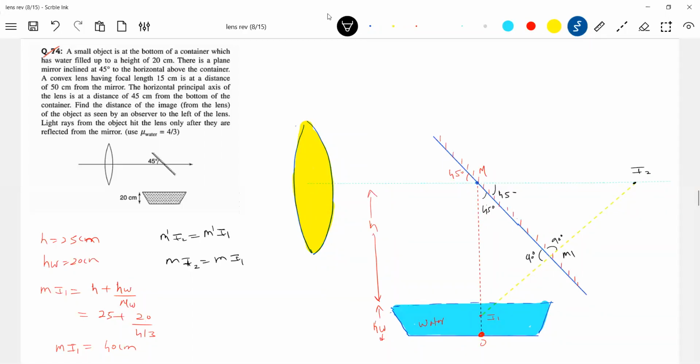No, again, let's come from at what distance the focal length of the lens, 15 centimeter, at a distance of 50 centimeter from the mirror. So what is PM? PM is 50 centimeter. At what distance, that will apply the lens equation, we'll find out the image. Any formula shall we apply? 1 by PI3.